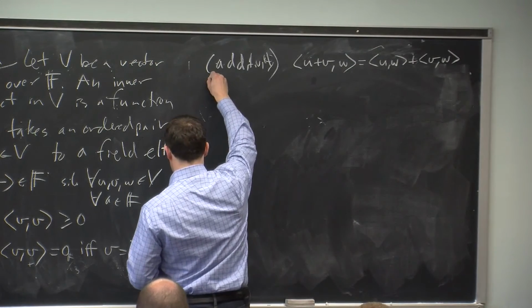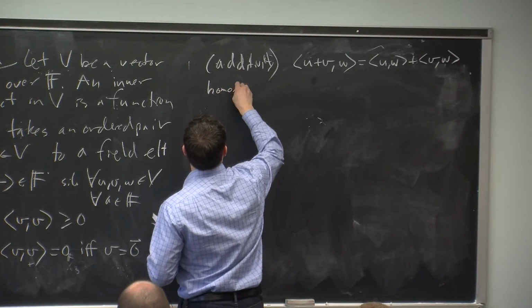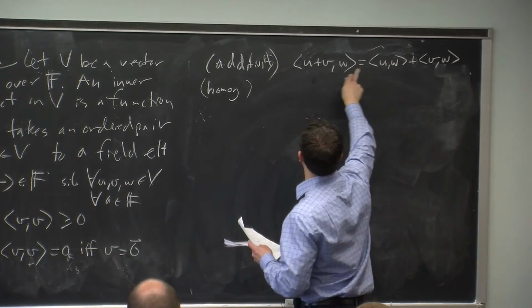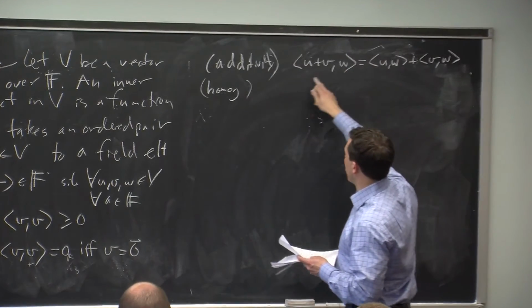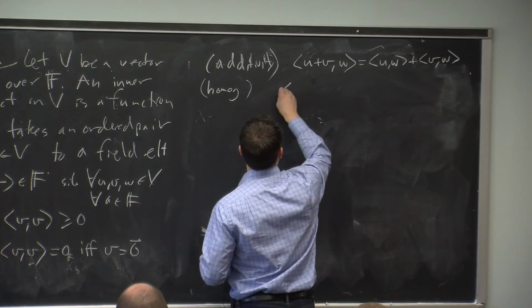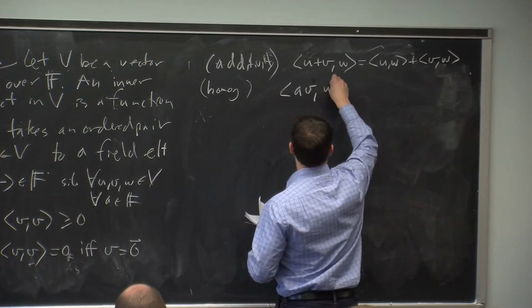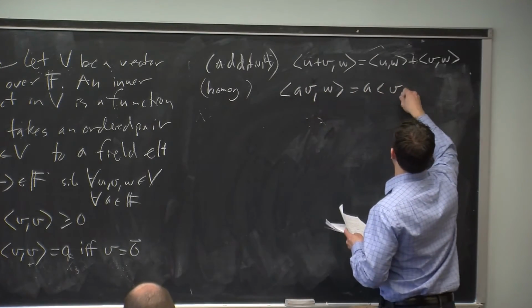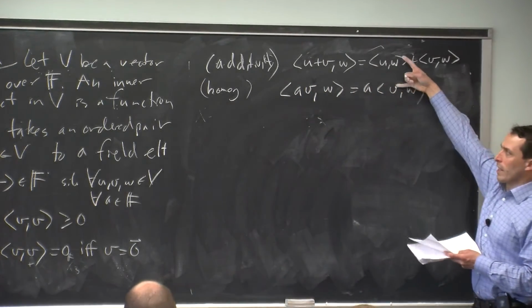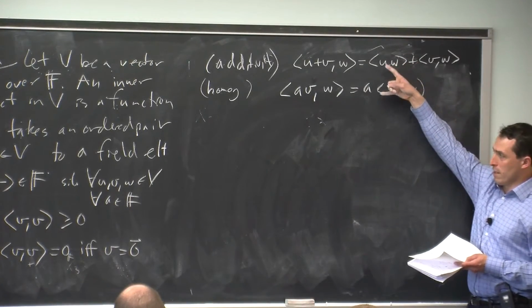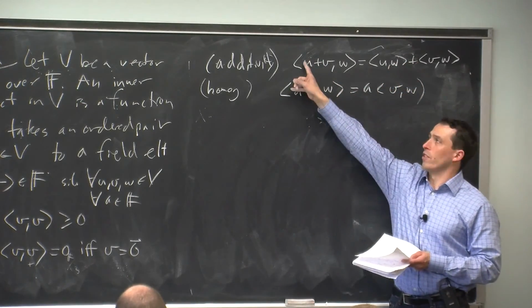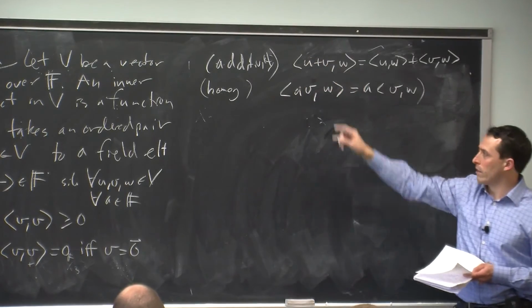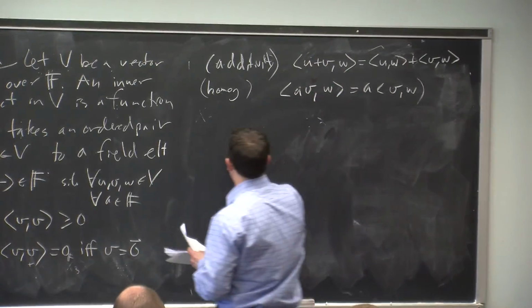And we want homogeneity. So right now we're just talking about the first slot, right? In this first slot, it's additive, and it respects scalar multiplication as well. The inner product of a v with w equals a times the inner product of v with w. And so these together say that this inner product function is linear in its first slot. Linear in its first slot, but it's not quite linear in the second.